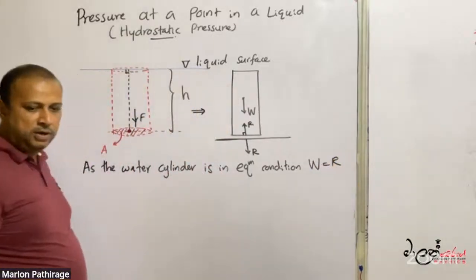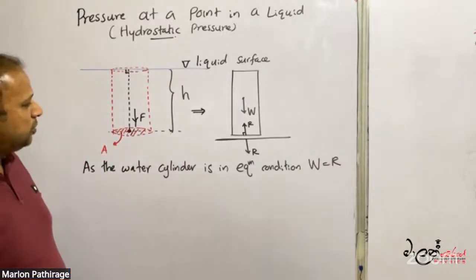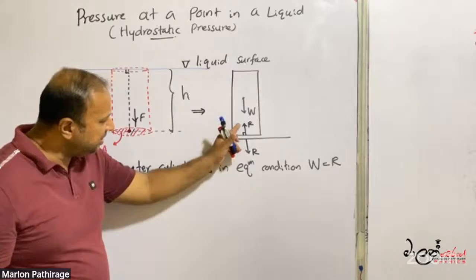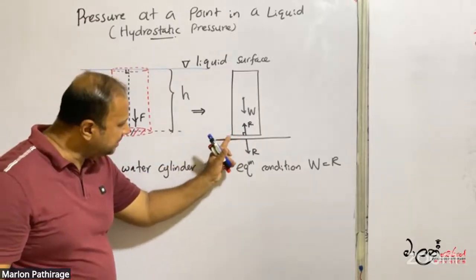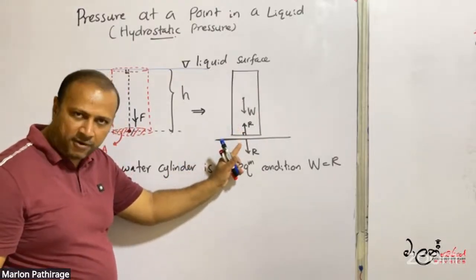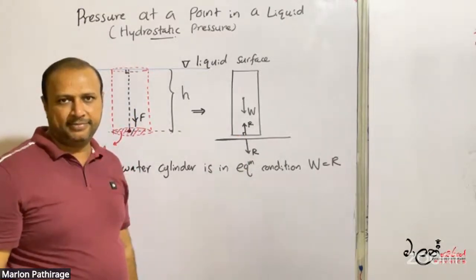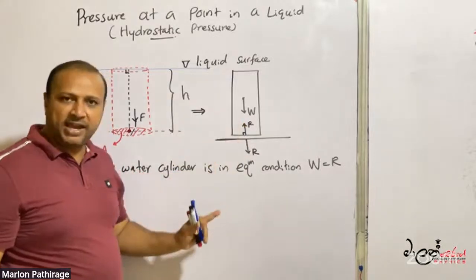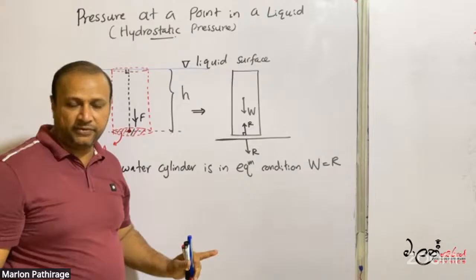W is equal to R. So you know, this reaction force is the force exerted on the surface. Due to this reaction force, there is a force exerted on the surface.